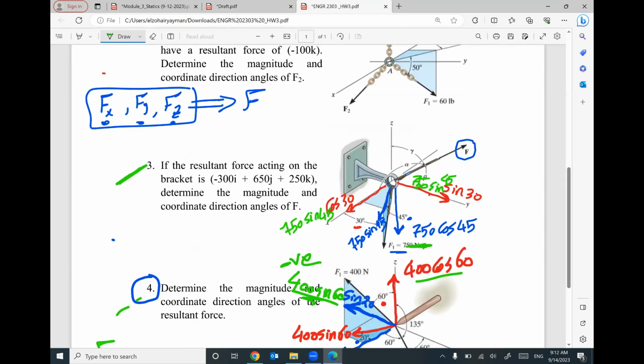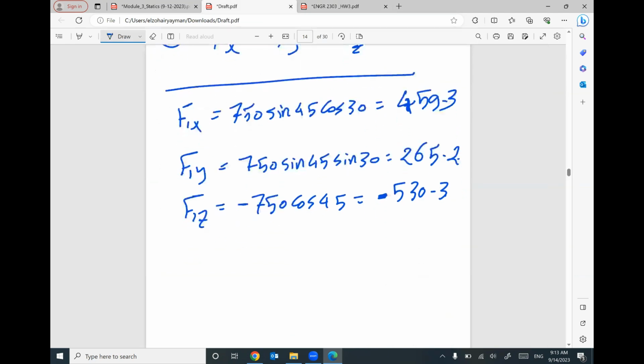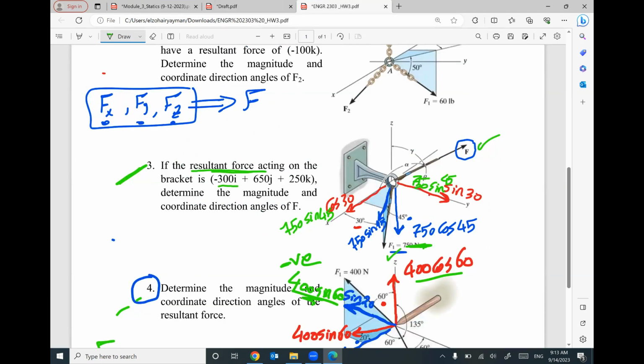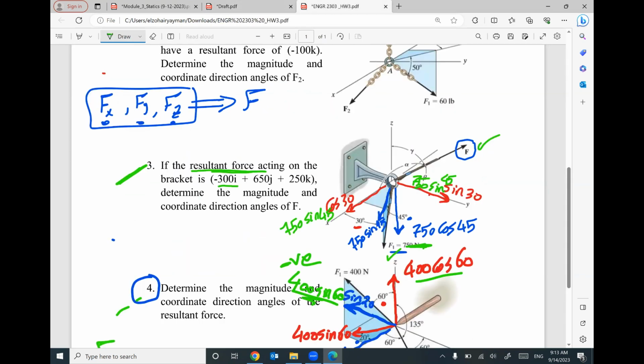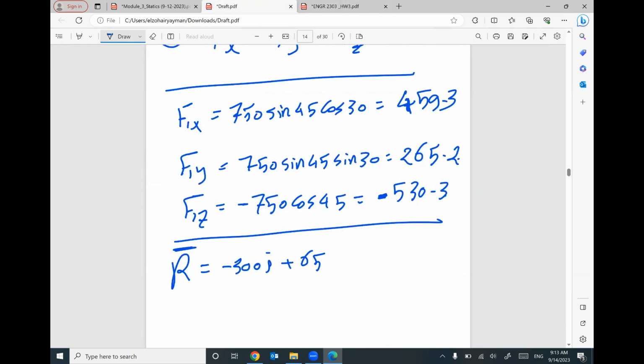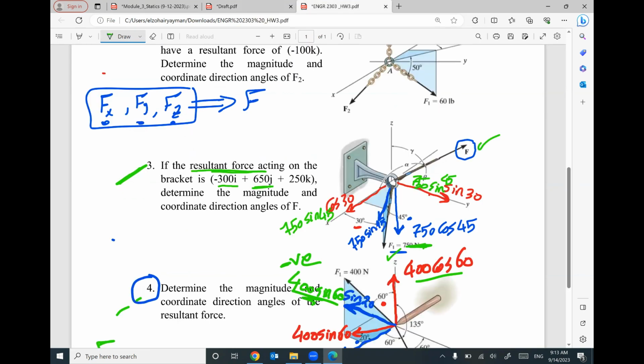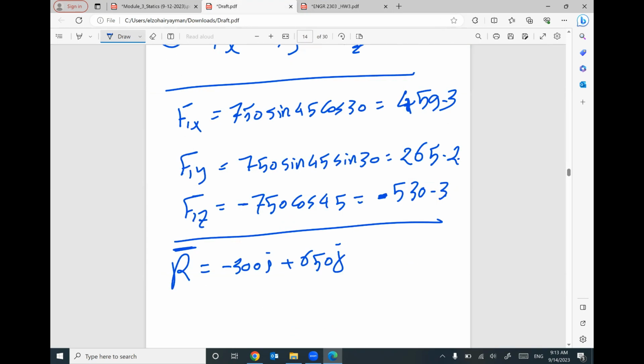The question is, do you have more forces? No, we have only this F and this F. That's it. The resultant force is given for you. The resultant is given as a vector equal to negative 300i, positive 650j, positive 250k.